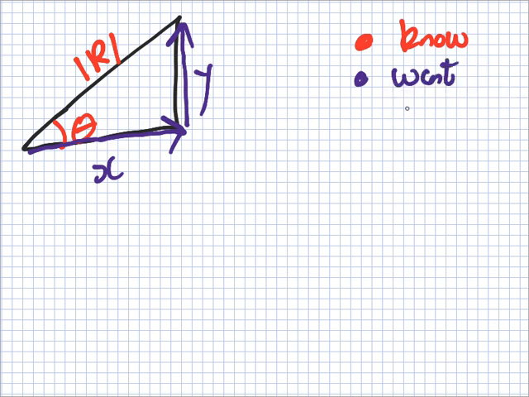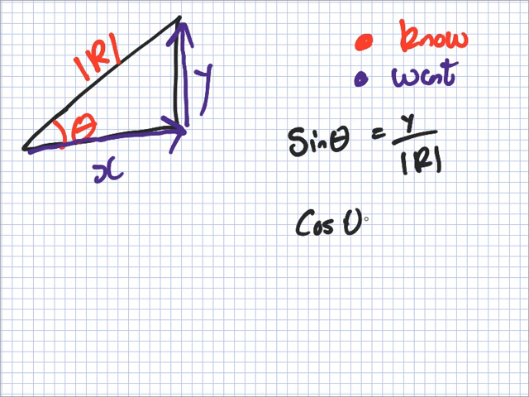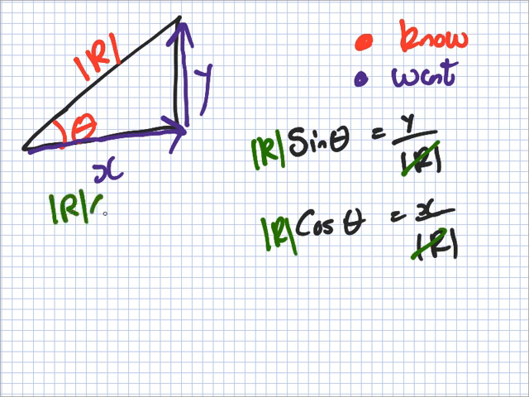So according to my formula, sine theta will be y over r, and cos theta will be x over the magnitude. So if I was to just bring this up here, I get the formula: x is r cos theta and y is r sine theta.